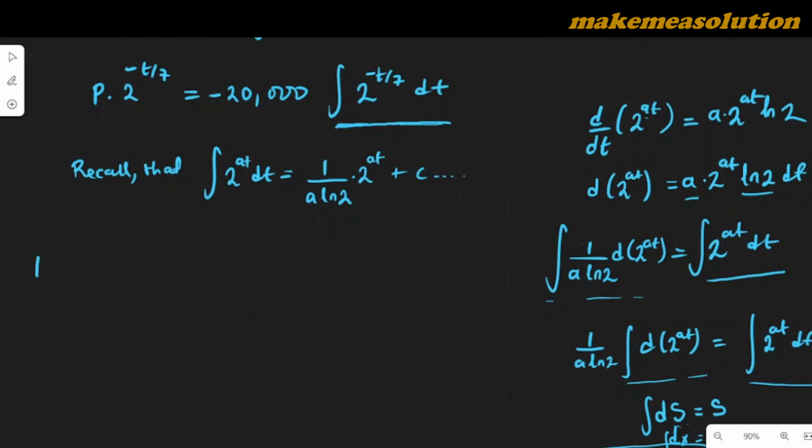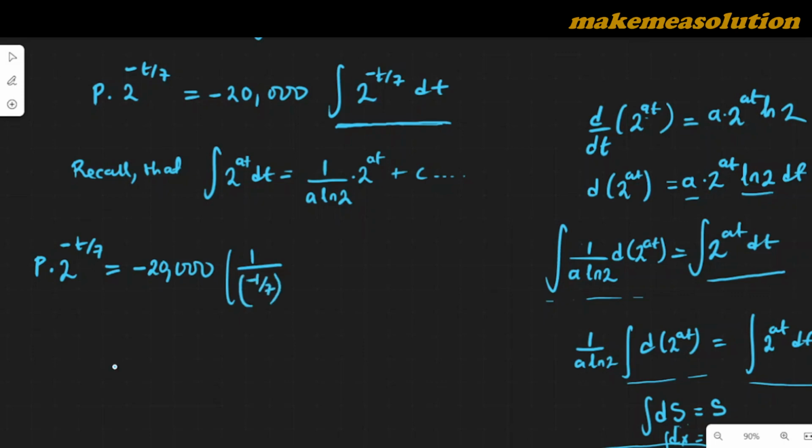So p times 2 to the power of minus t over 7 is equal to negative 20,000. Then when you integrate this particular one, you have 1 all over a, and this time around, what is our a? Very good, it's negative 1 over 7.